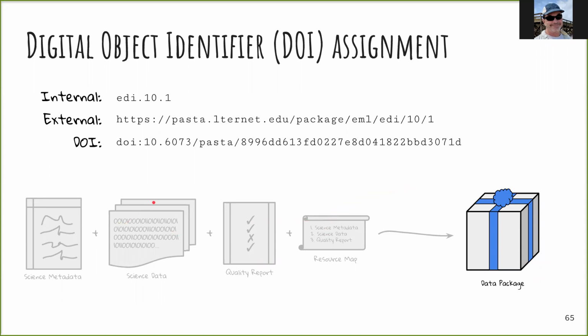The other thing too, and I'm not sure if this has changed or what the recommendation is now, but when we first started working with DOIs, it was highly recommended that the DOI resolve to a public readable landing page. For that reason, this DOI does not actually return any real component of that data package. What it does is take you to our data portal for the landing page of that specific object so that you could read about what that object consists of and how to access the individual components.